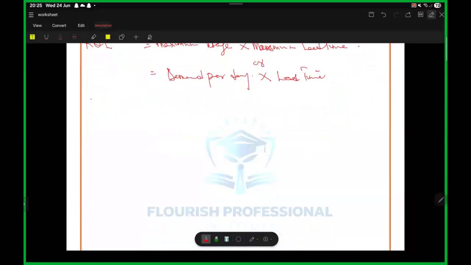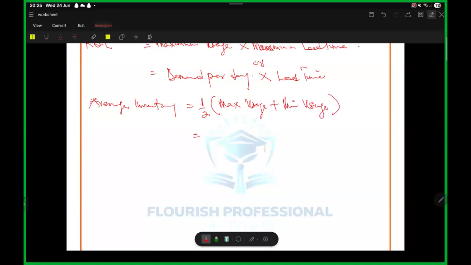Then we have something called the average inventory. We can have either the midpoint, which means half of the maximum usage plus your minimum usage. That would be the average.